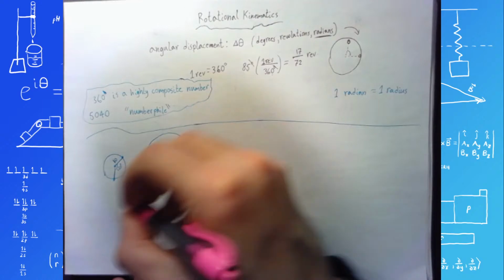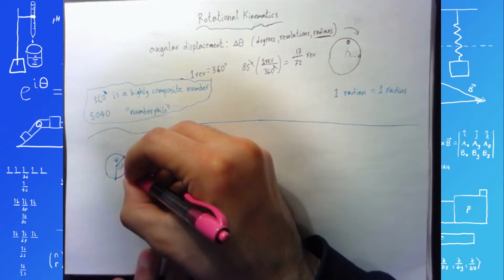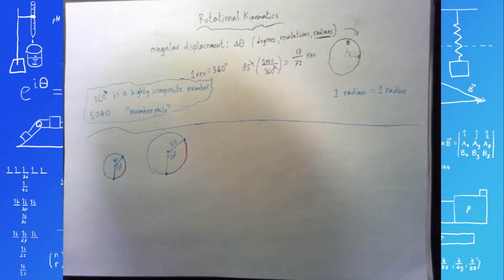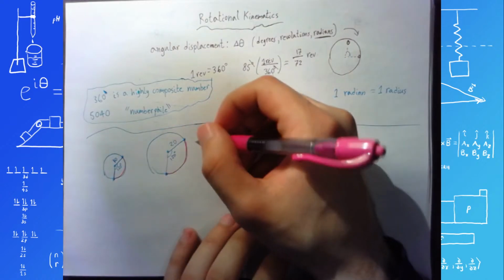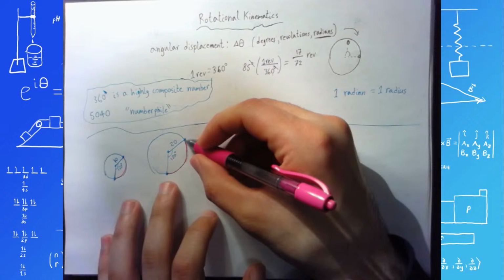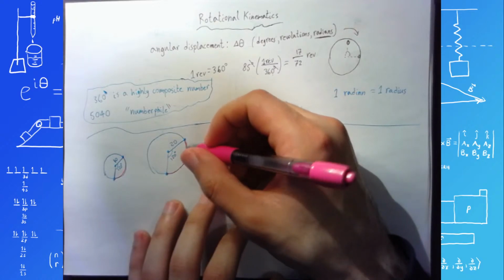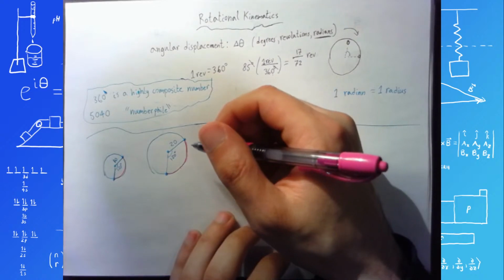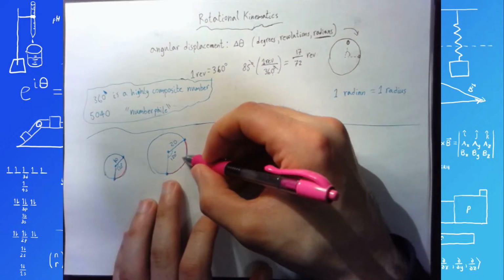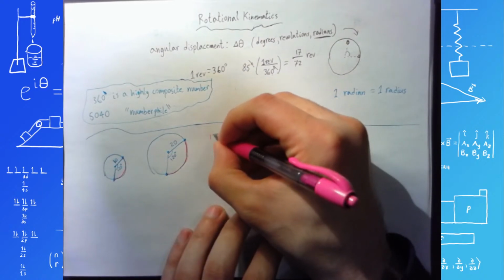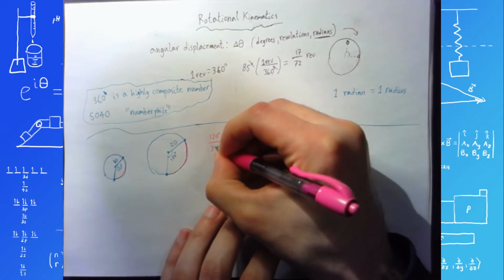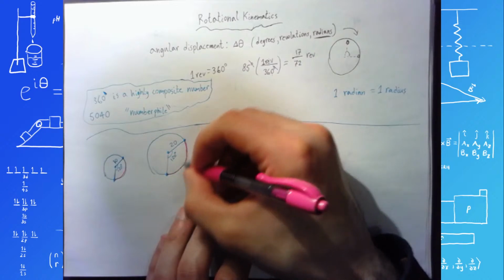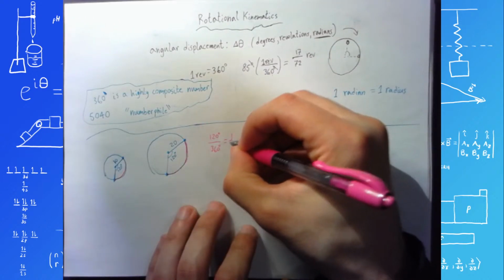What's nice about that is that it doesn't matter what the radius actually is. So we can take the full circumference of a circle and say that this is 1/3 of a circumference, right? 120 degrees out of 360 means that this arc must be 1/3 of the circumference.